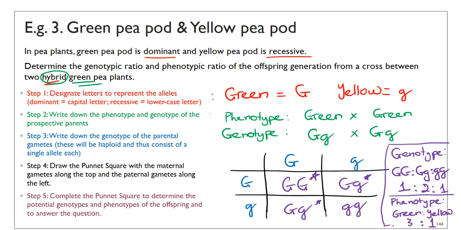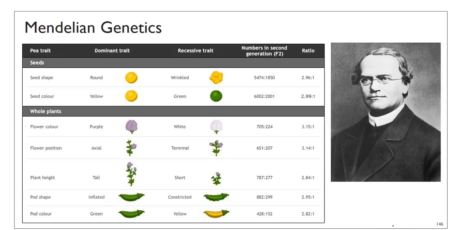Now, examples 2 and 3 actually demonstrate the experiment that was used to come up with all of this, the whole idea of dominant and recessive, and that's Mendelian genetics. I just want to give a quick, maybe 30 seconds, explanation of the history behind this. So Mendel, shown in the picture here, was a monk, and he essentially did a lot of experiments with peas, and it took a very, very long time.